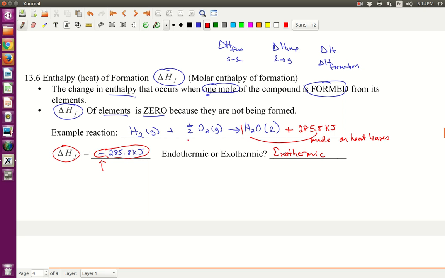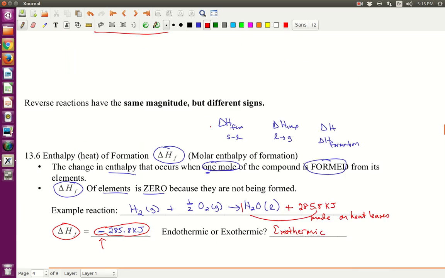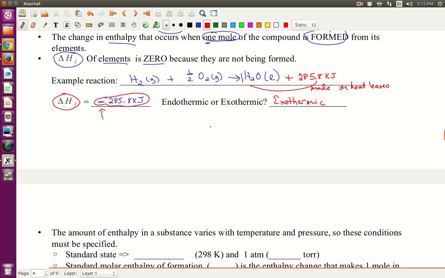If it's endothermic, you put it on the other side. So up here, this was an endothermic reaction, and you notice that the heat value was written on the reactant side. So endothermic heat values are on the reactant side. Exothermic heat values are on the product side.